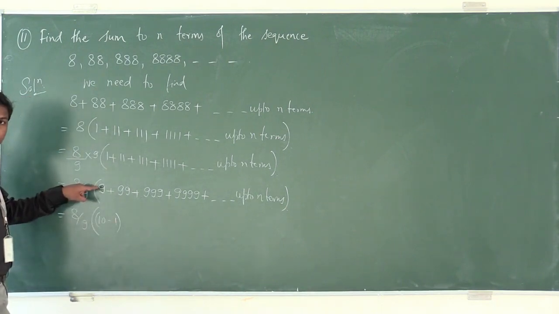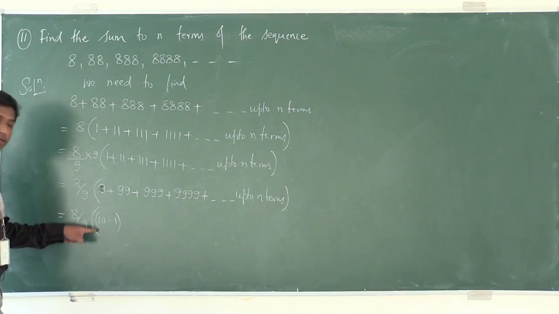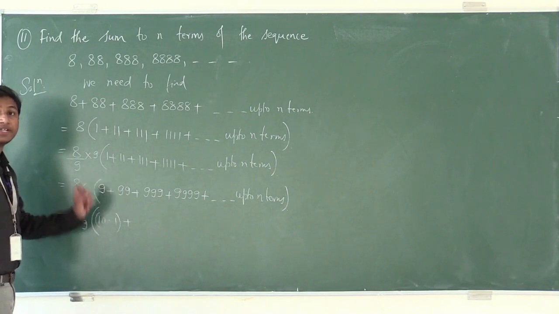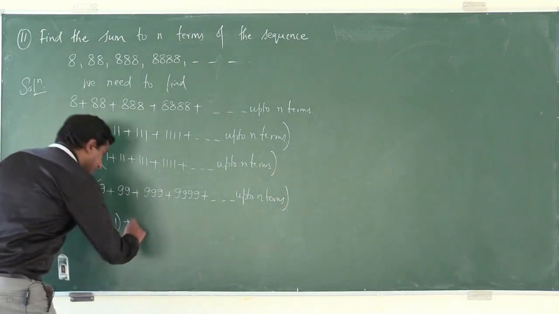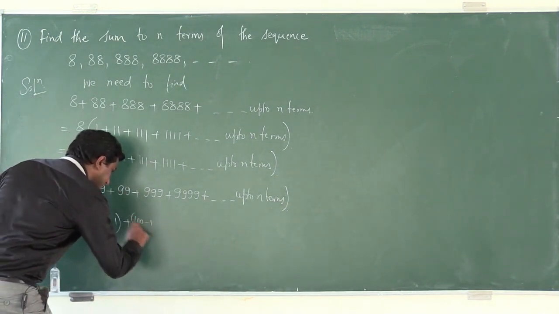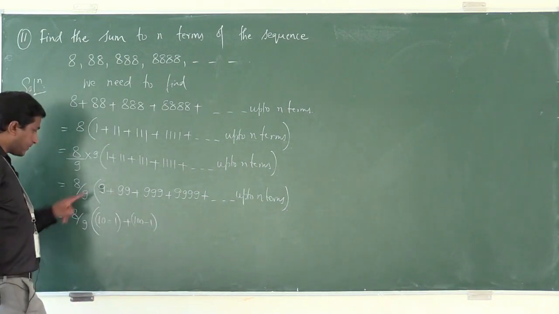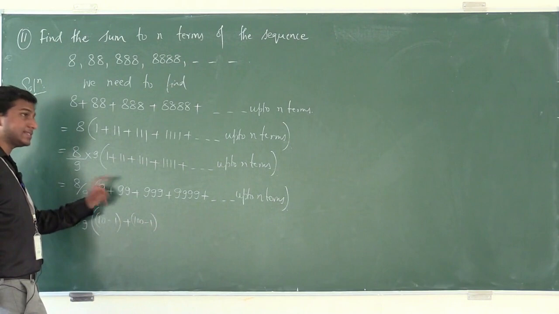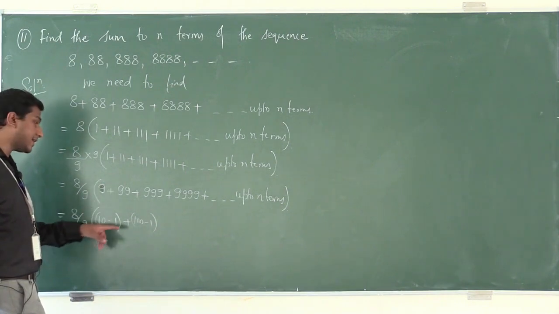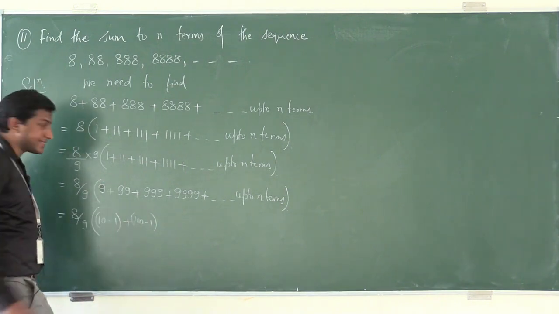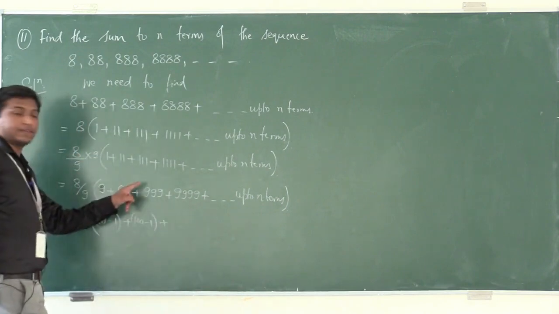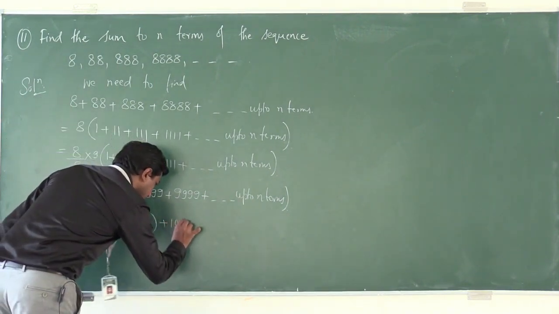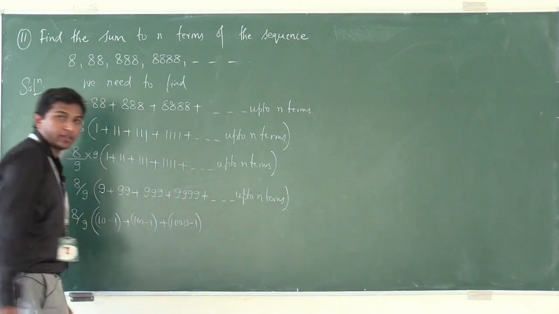This first term 9, I can write it as 10 minus 1, plus 99, I can write it as 100 minus 1, plus 999, I can write it as 1000 minus 1.